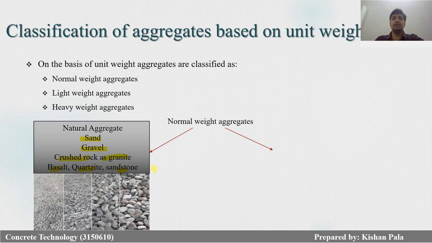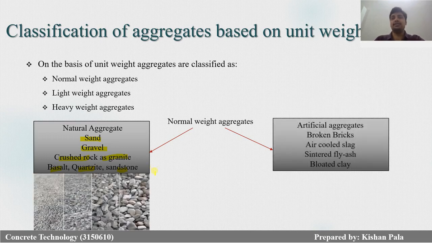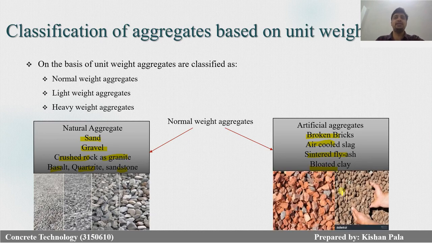Next one is artificial aggregates. Which are the artificial aggregates? Like broken bricks, air cooled slag, sintered fly ash, and bloated clay. You can see in the photo also broken brick and bloated clay, and you can see aggregates like sand and gravel in the photos.